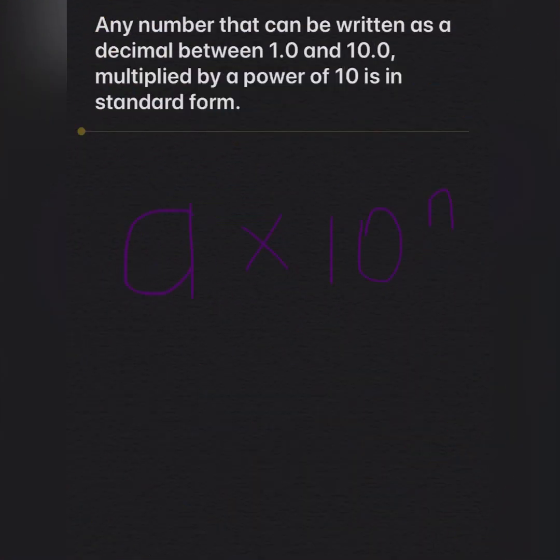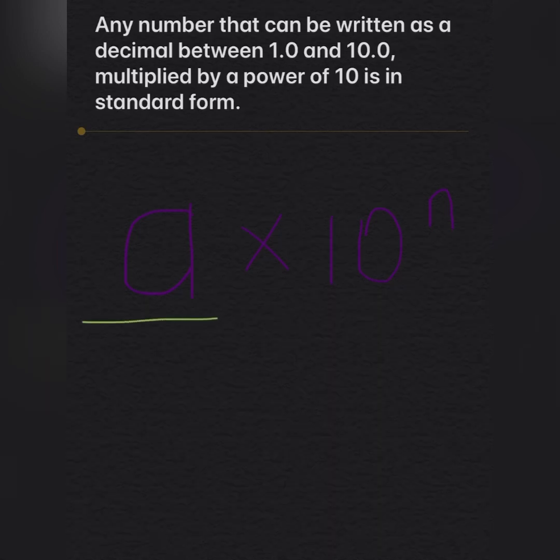Any number that can be written as a decimal between 1.0 and 10.0 multiplied by a power of 10 is in standard form. What do I mean by this? The format for writing numbers in standard form is A multiplied by 10 to the power of n.